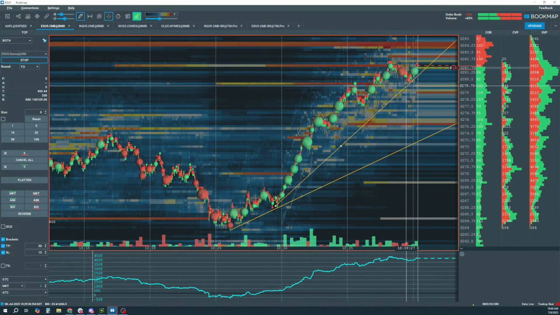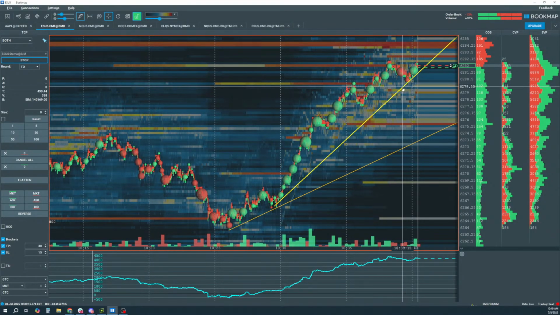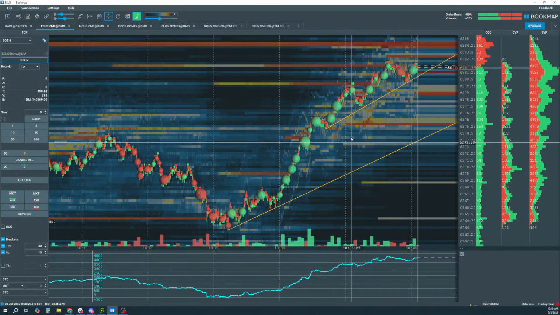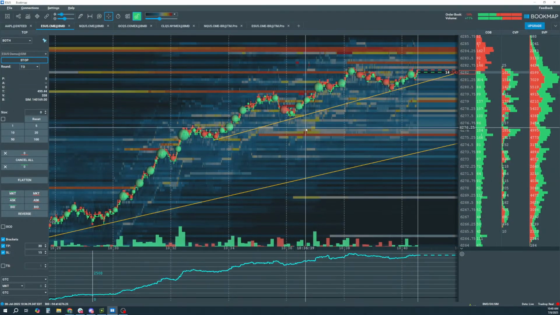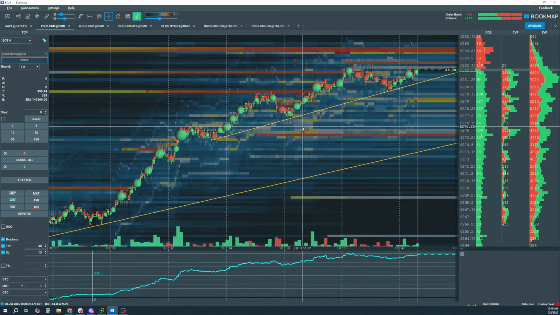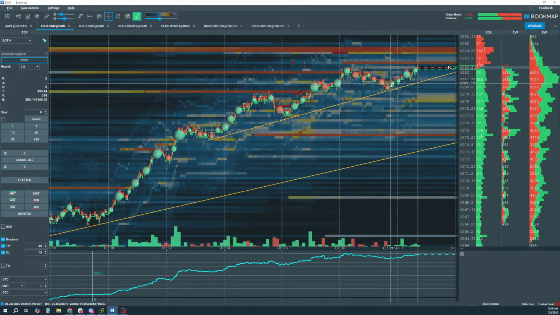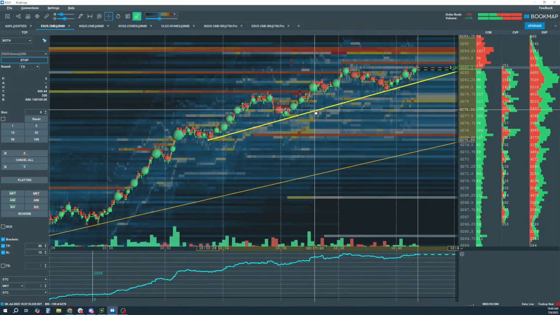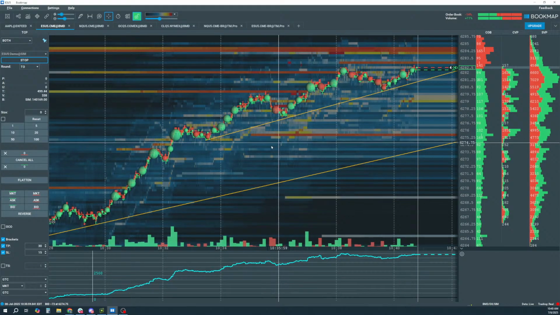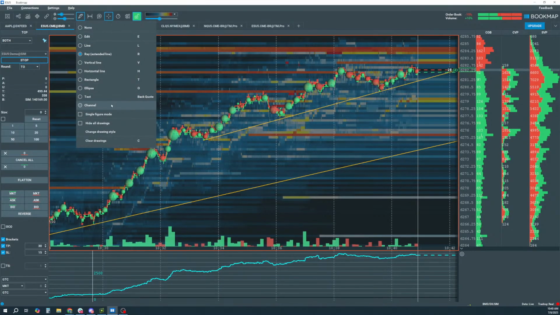Okay, and I'm going to actually make this trend line a little bit more conservative here. It seems to be holding that right now. So this is the structure I'm looking to break. And we can also make that into a channel. We do have the channel tool we can use.